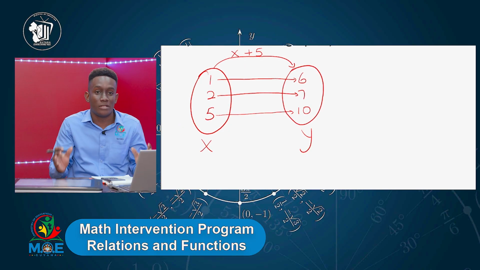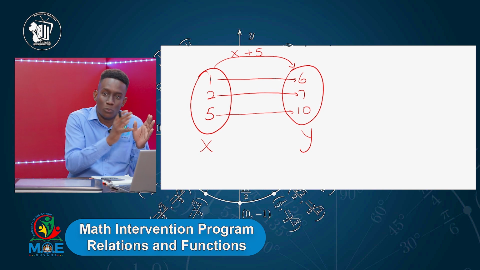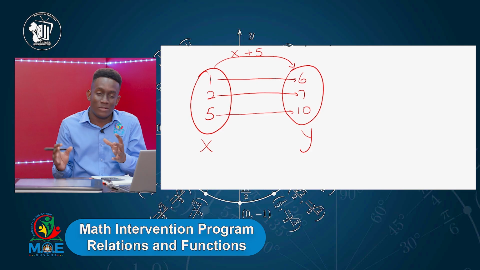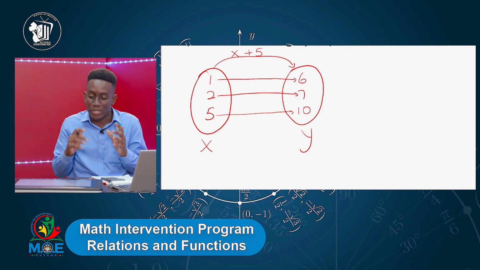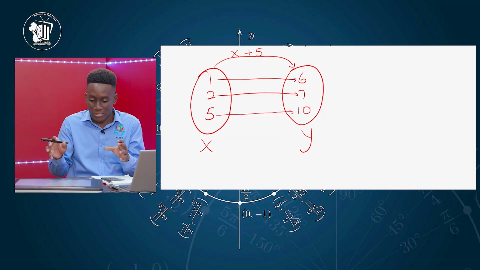And this is what a relation is. We have an arrow diagram, and it's a rule to link one side to the other side. And if we said that it's a set of ordered pairs, let's list the pairs that we can find from this arrow diagram that follows this particular rule, which was X plus 5.